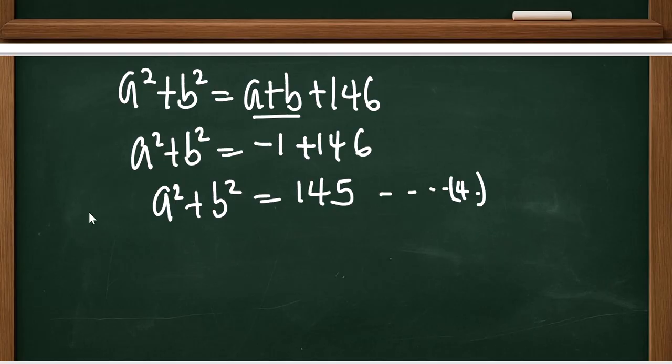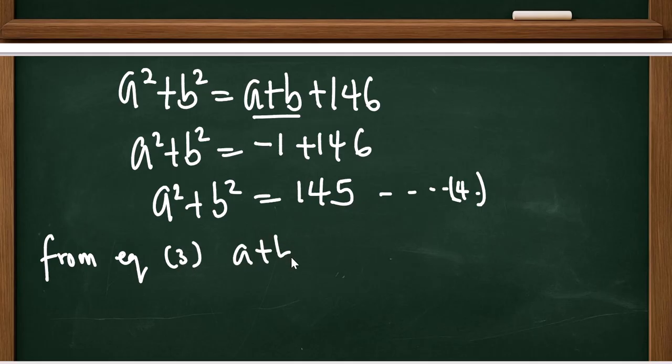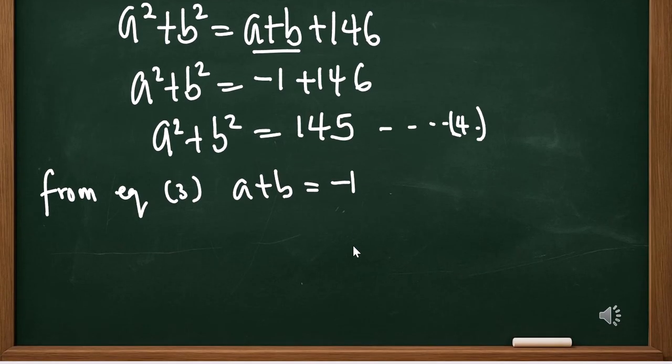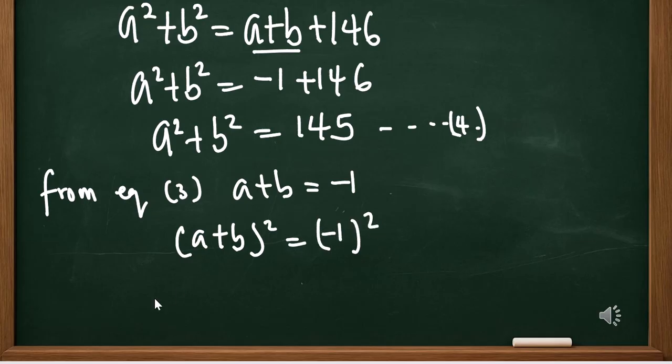Now, recall that from equation 3, I have a plus b equals negative 1. Okay? So, looking at this equation 3, squaring both sides, I'm going to have (a plus b) squared equals negative 1 squared.